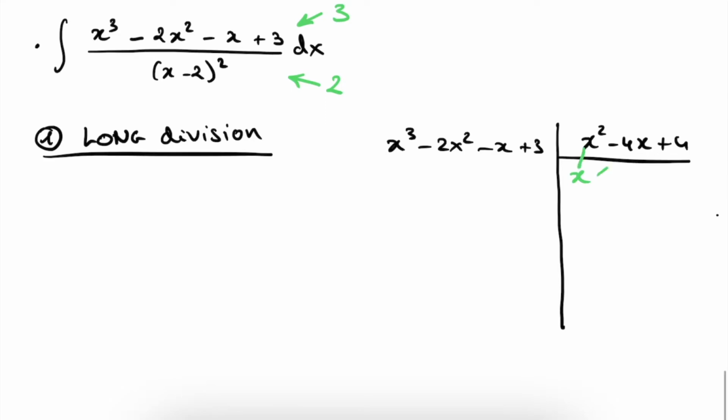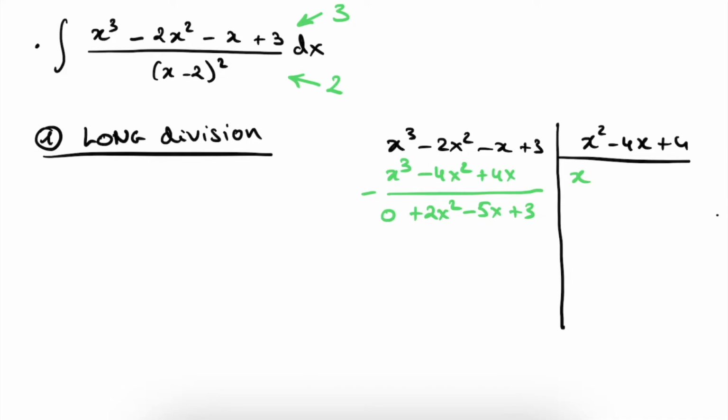Then we multiply this x with each of these three terms, and we get x to the power of 3 minus 4x squared plus 4x. And we subtract these two polynomials to get 0 plus 2x squared minus 5x plus 3.